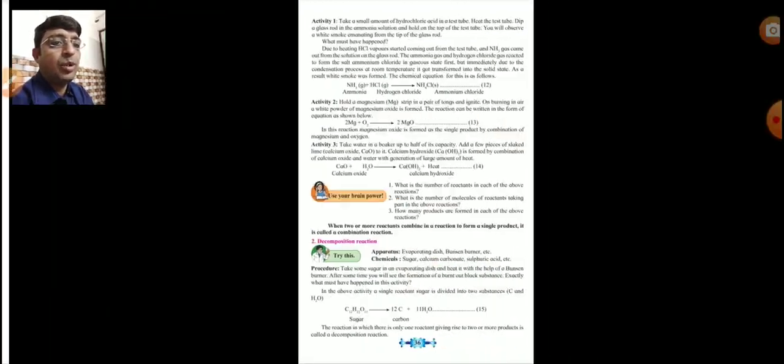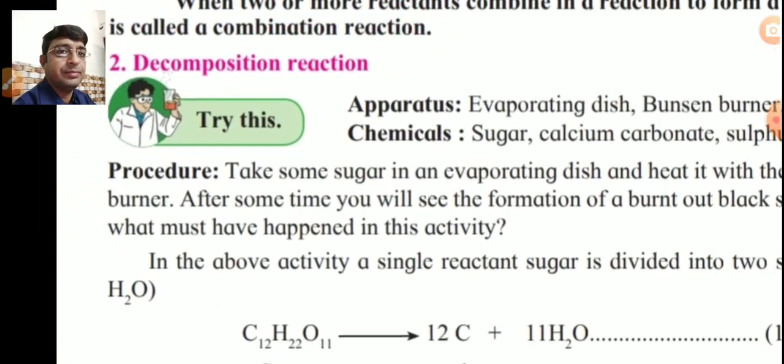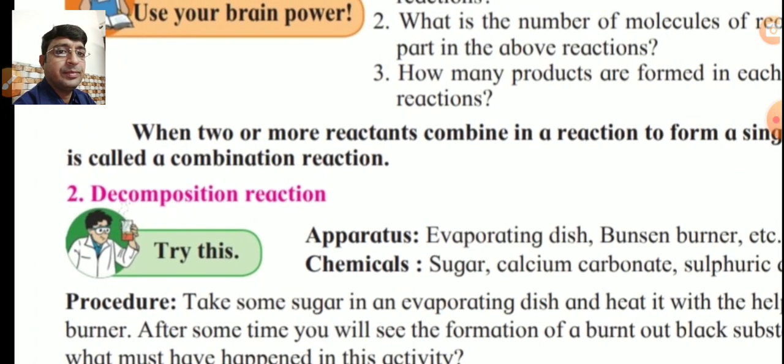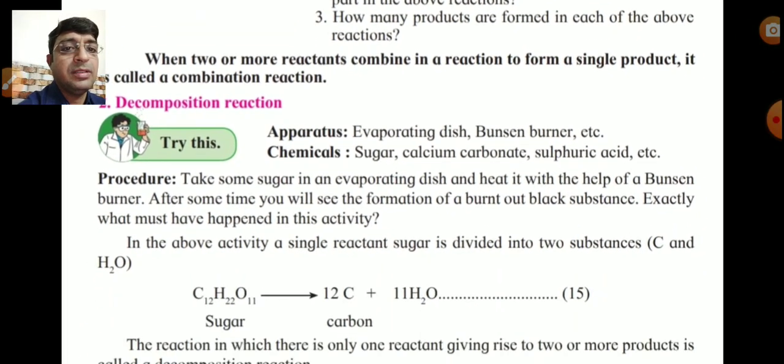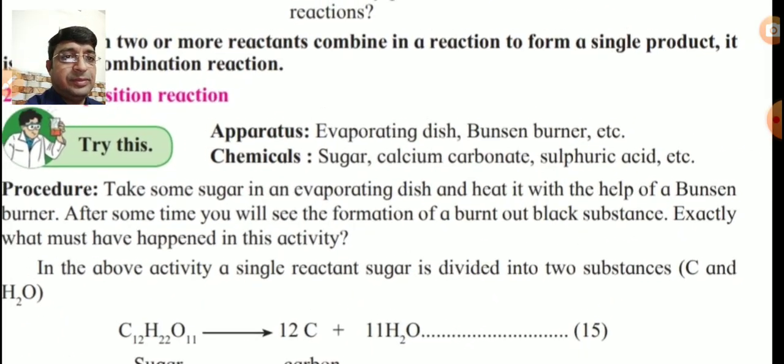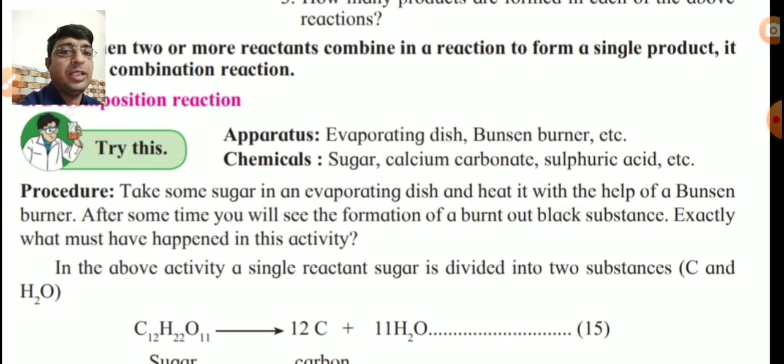Now the second type of reaction is, check, the decomposition reaction. Again an activity is given for us. Apparatus and chemicals are given. The procedure: take some sugar in an evaporating dish and heat it with the help of a Bunsen burner.